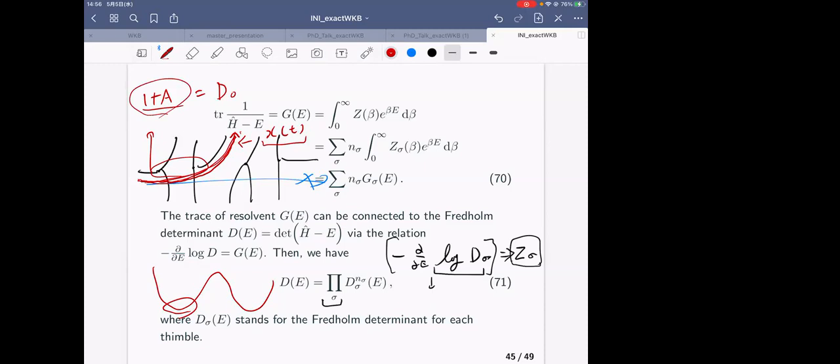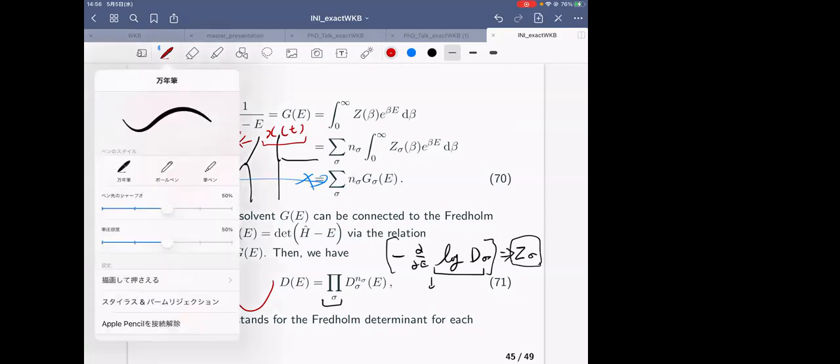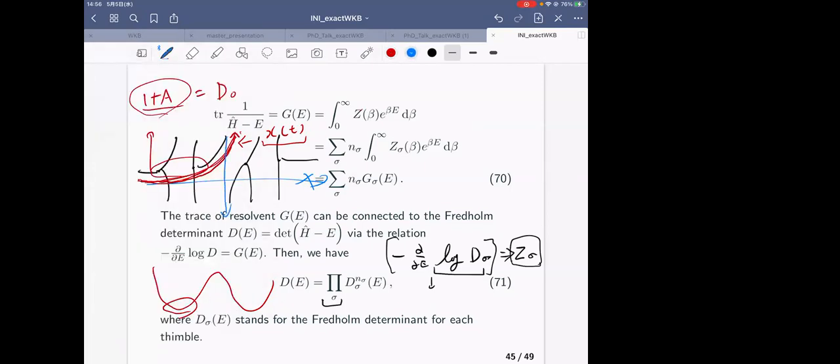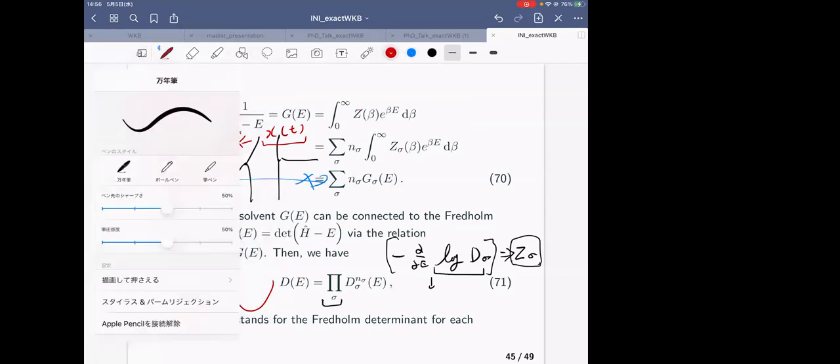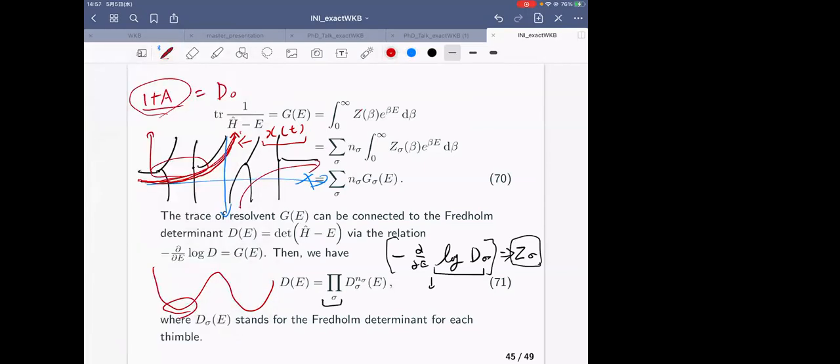But this identification is valid for the perturbative part. For the non-perturbative part, it looks like this, maybe. I mean, this analytic continuation is here and here and here. However, just considering this blue line doesn't give this dσ directly.